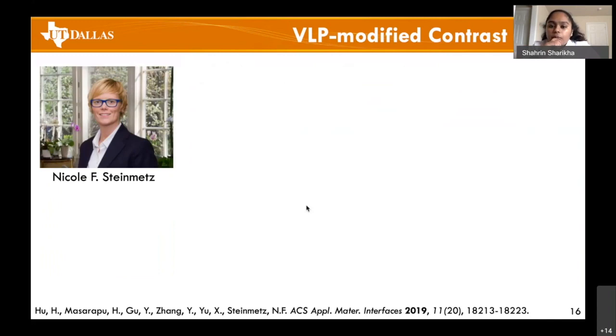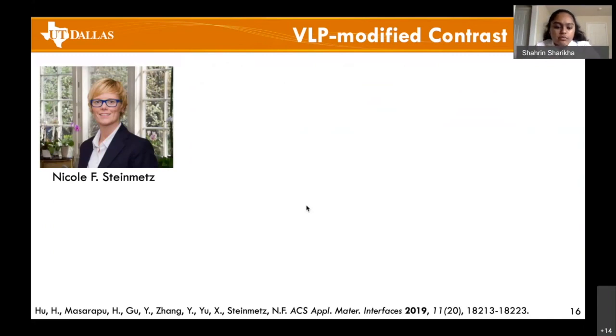And so with her group, they focus on virus-like particles, and they've been trying to modify TMV and Physalis MV, which is another virus-like particle, and they modify it with contrast agents to allow them to serve as MRI contrast agents, as well as to serve as other types of imaging agents.